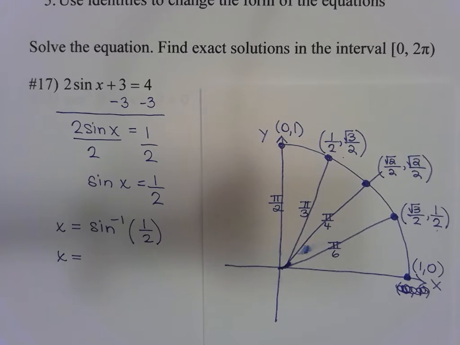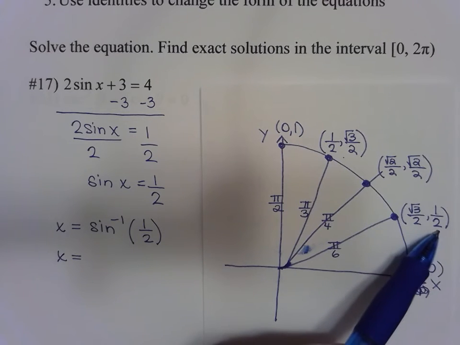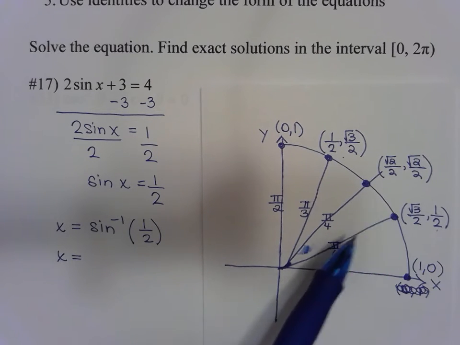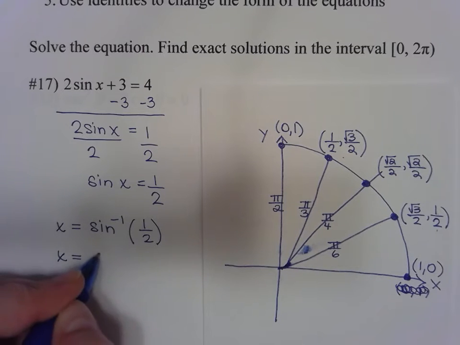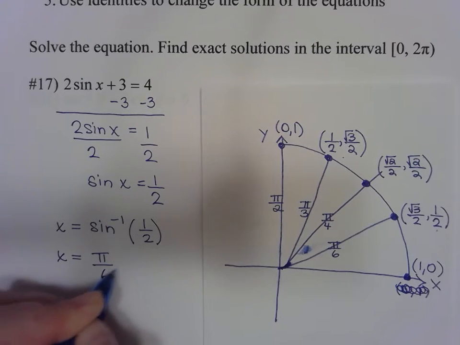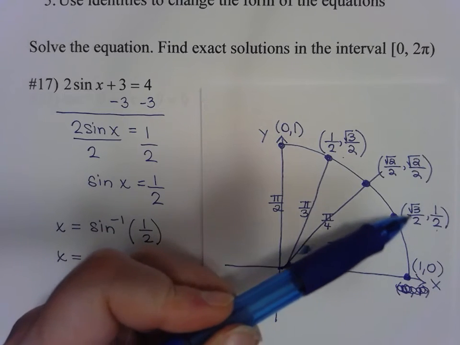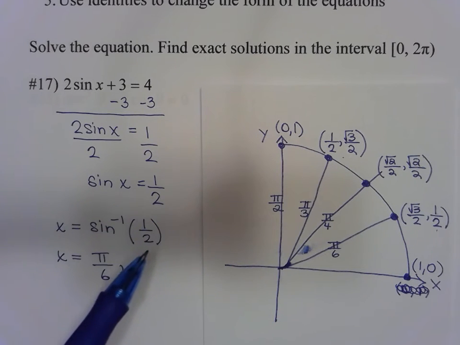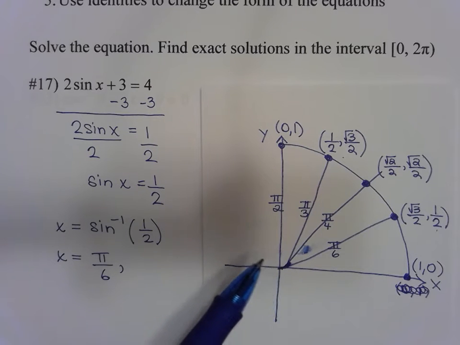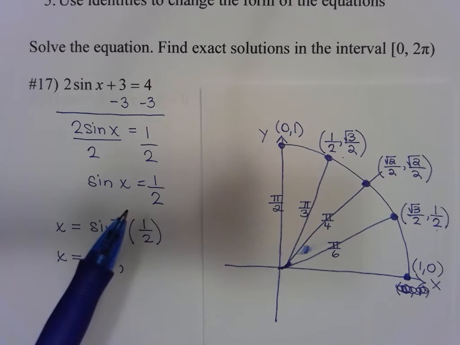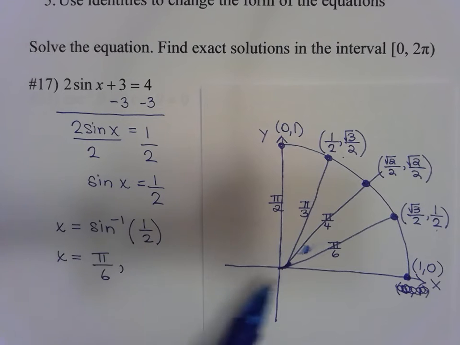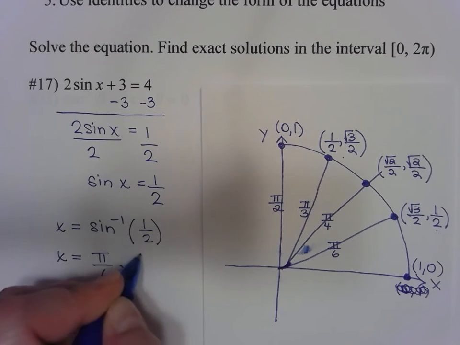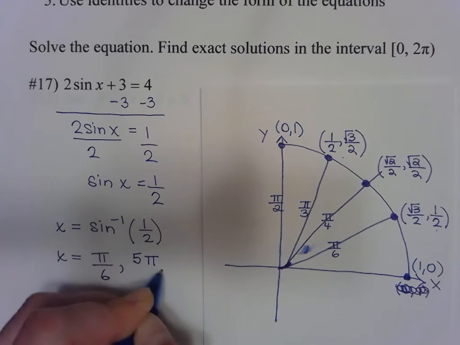The places where the sine is going to give us a positive 1/2 are at pi over 6. And if we kept going all the way around the circle till just before we got to pi, that would also have a value of positive 1/2. So pi would be 6 pi over 6, so this would be 1 less than that, so 5 pi over 6.